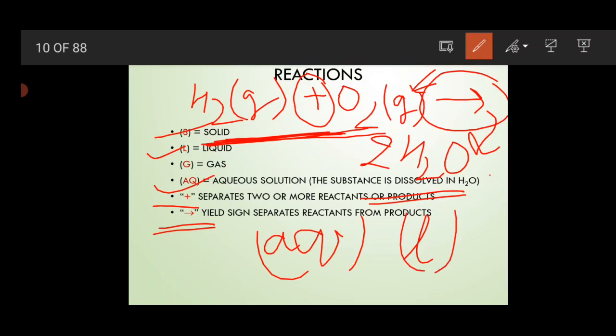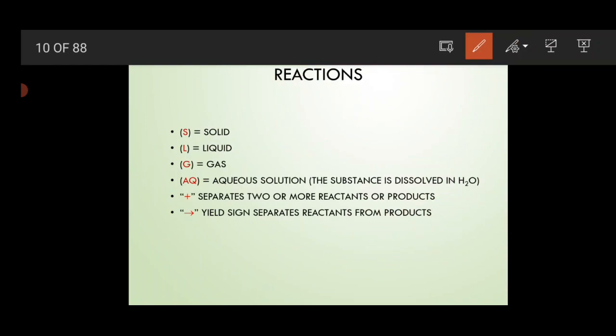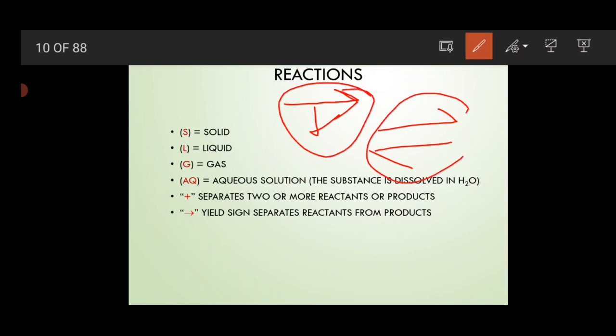Now, when we see many chemical reactions, we see two types of arrows. One arrow indicates an irreversible reaction, and the other sign indicates a reversible reaction. Now the question is, what is a reversible and what is an irreversible reaction?